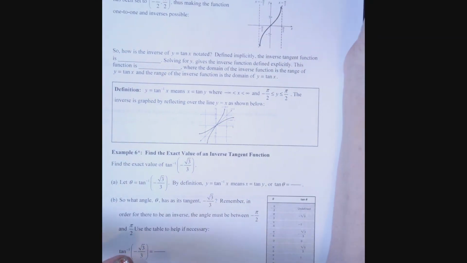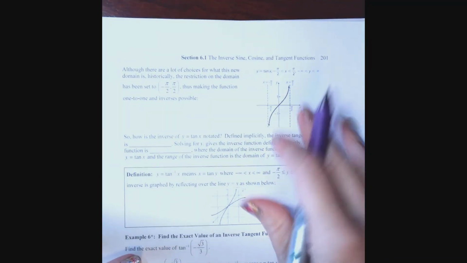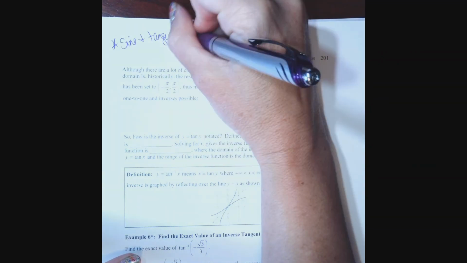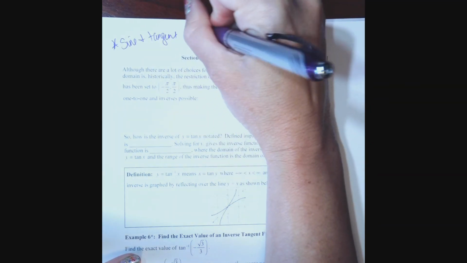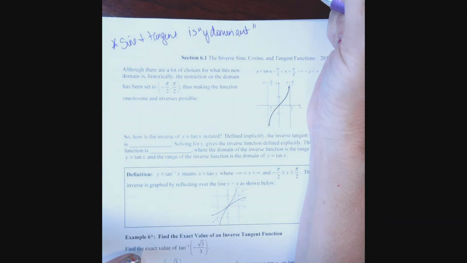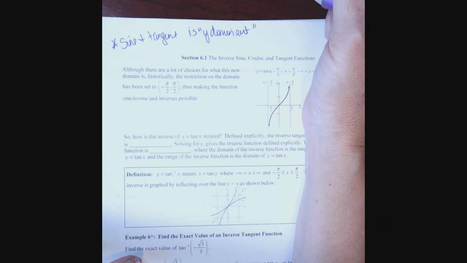Now, tangent is y dominant, and that's kind of a Campbellism. That's not something you're going to see in your book. But just like sine, tangent is what I like to call y dominant, because I have that y in my denominator for tangent. So my restrictions for tangent are going to follow my restrictions for sine.